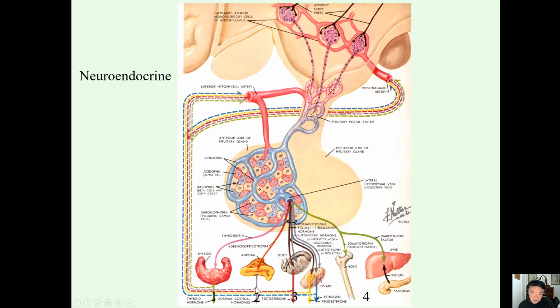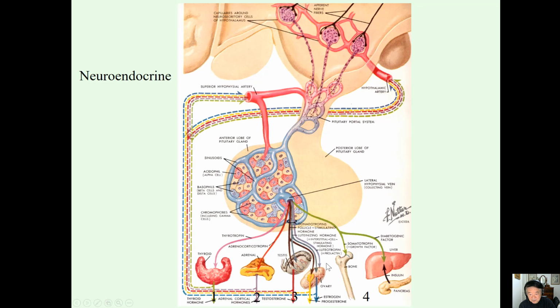Then the second pathway is via the suprarenal gland here. This is involved in the HPA axis. We can talk about it more later in a few hours. And then the third pathway is to control the sexual hormones. In the male, they will regulate the male hormone.